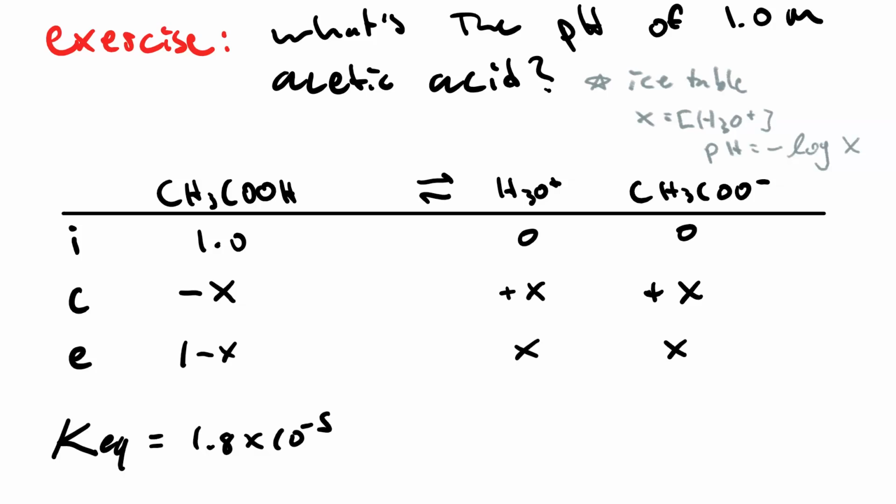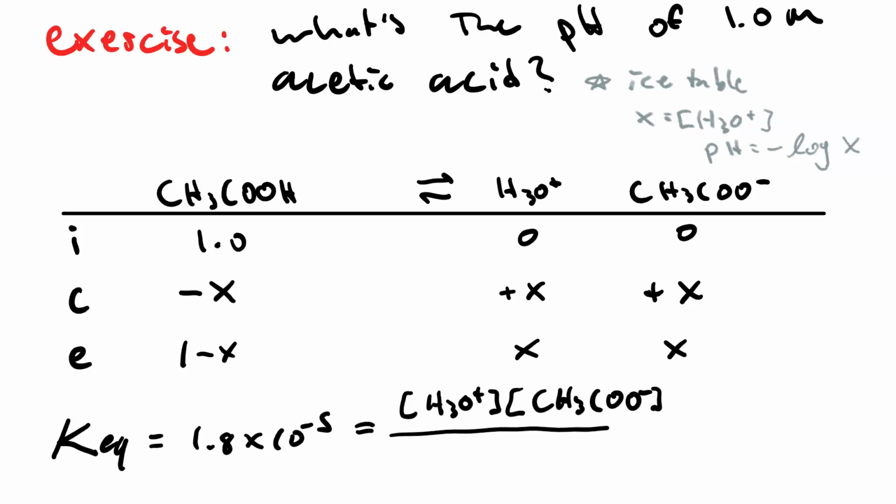Let me remind you that the value of the equilibrium constant is 1.8 times 10 to the negative fifth, and that is equal to the equilibrium concentration of hydronium times the equilibrium concentration of acetate over the equilibrium concentration of unionized acid, CH3COOH.